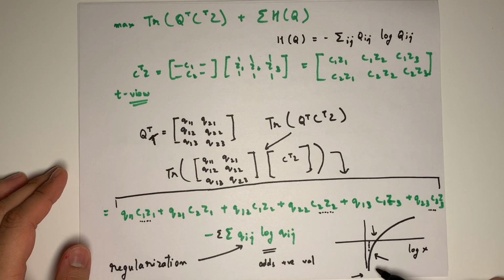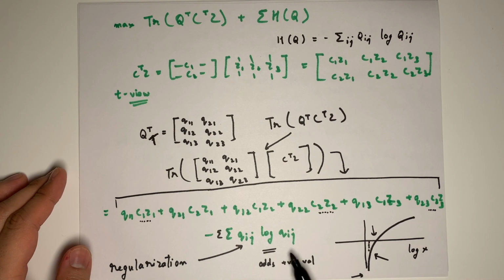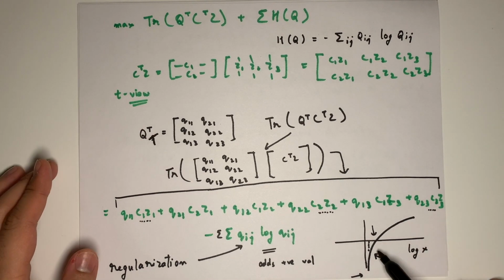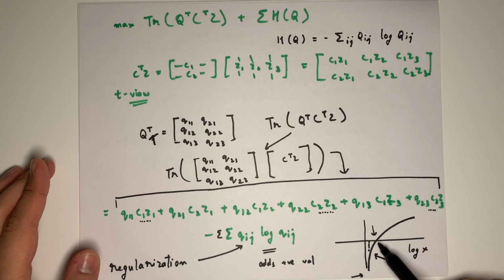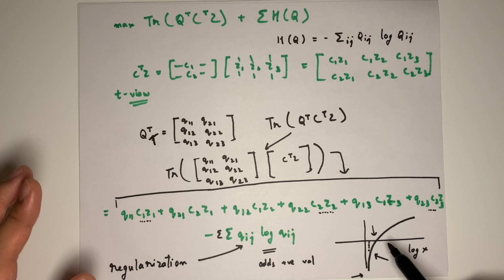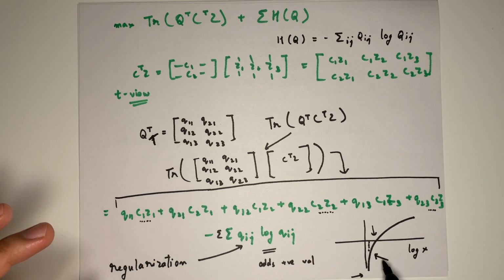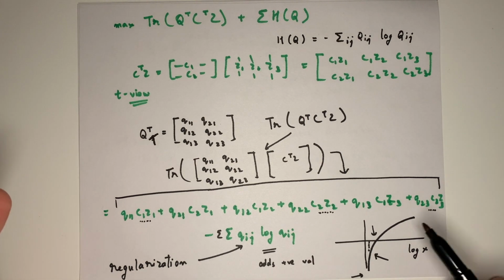Now, if we look at the values that this can take, if Q takes a really small value, the log Q term would be quite large, but it would be multiplied by a really small coefficient. And hence overall, it's still a smaller value. If Q takes a value closer to 1, the coefficient itself would be large, but the log value would be really close to 0, and hence that's also not beneficial in maximizing.